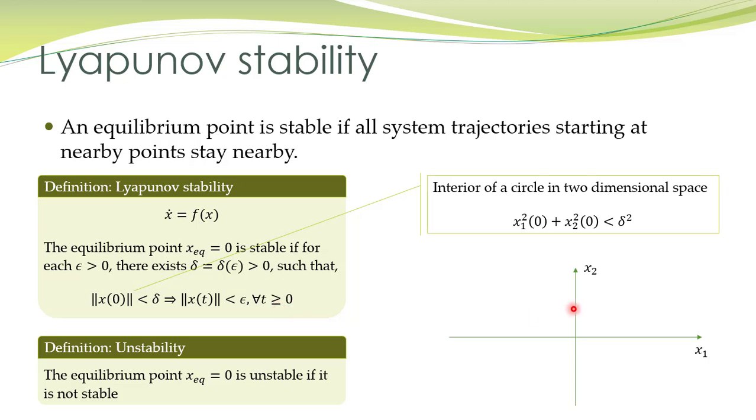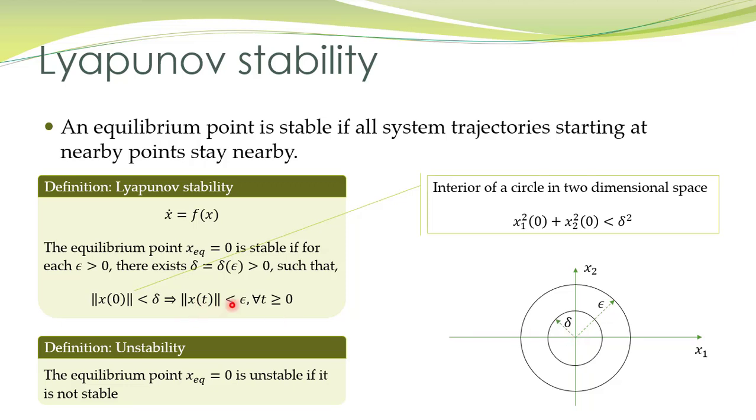Here is the phase plane, and in the phase plane this expression represents the interior of a circle, which is depicted over here, a circle with radius epsilon, and this inequality describes the interior of another circle with radius delta.